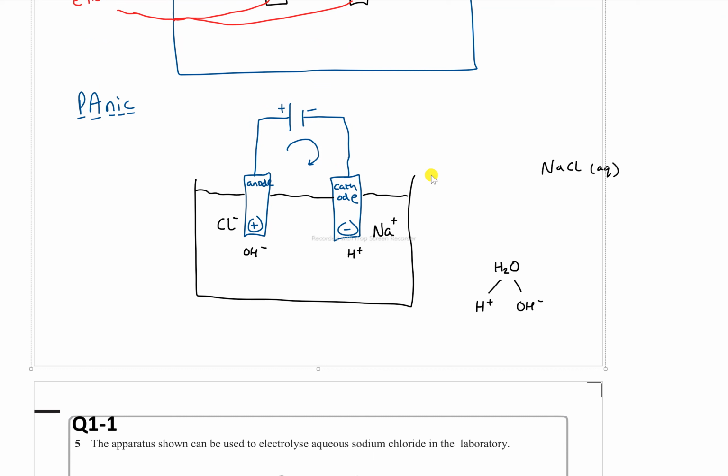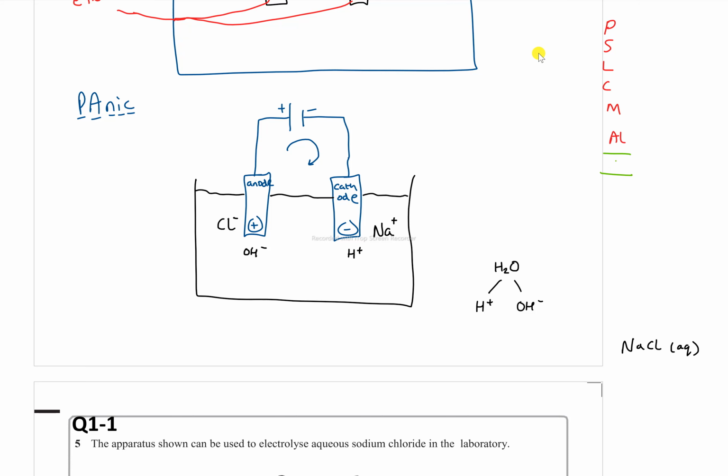Now what we need to do. Right. Let's just move this out of the way. There's different mnemonics for this, but the way I've figured it out is please stop losing careless marks always. And then I just say chicken like this.